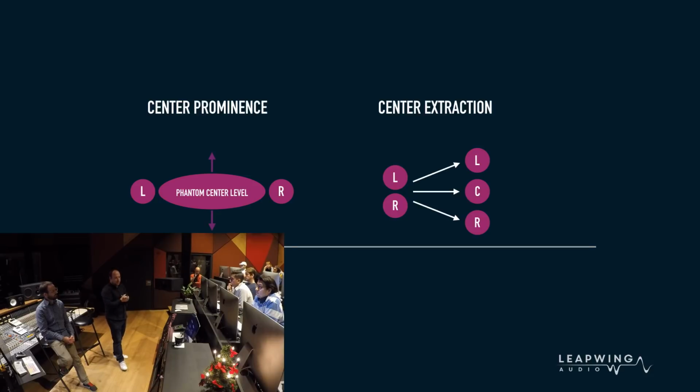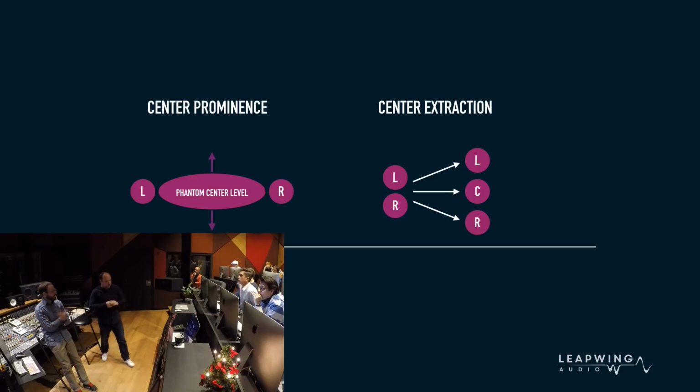And on the right side, you have center extraction, which actually separates your left and right signal into a dedicated left, center, and right. And then you can do manual manipulation of each of these channels. Yeah, it's basically your virtual channels, or the phantom channel that you extract.